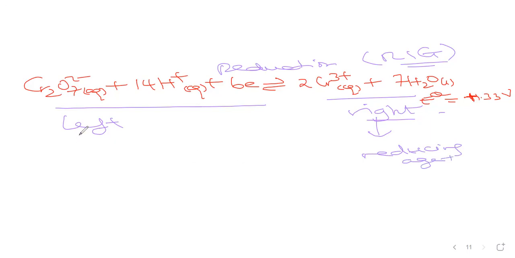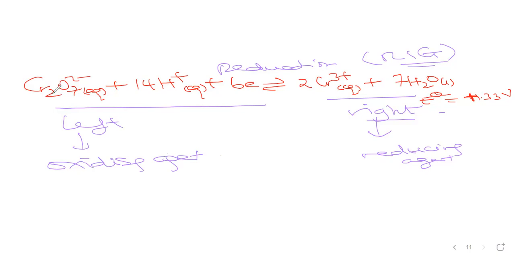And any species on the left is an oxidizing agent. I want you to note this carefully. Any species on the right is a reducing agent. Any species on the left is an oxidizing agent.